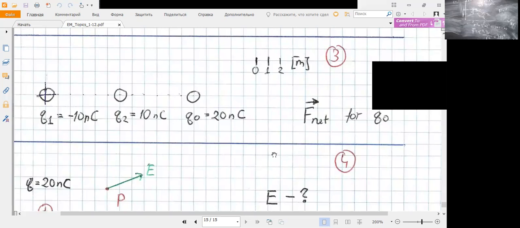Superposition of the forces. We should find F total, F net force on Q0 here.